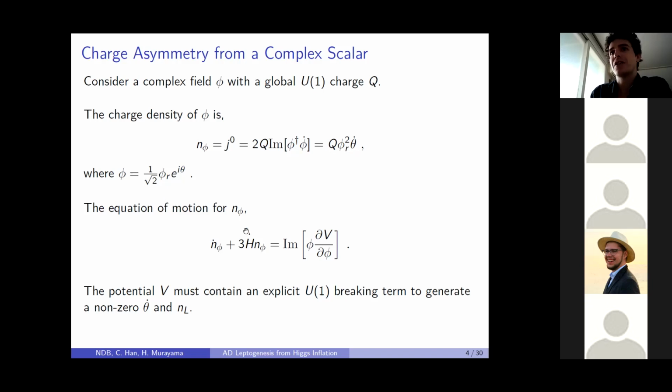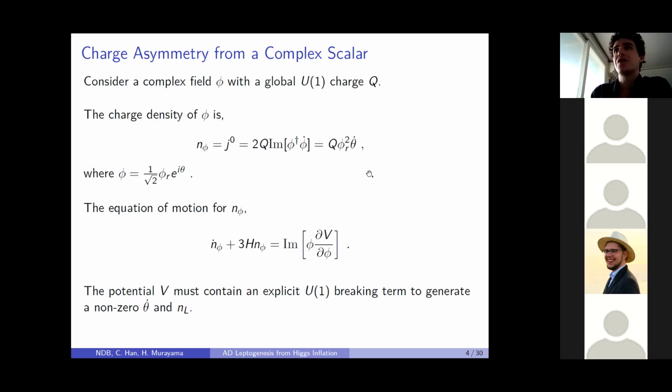Now, if you look at the actual equations of motion for n phi, so you calculate from the Lagrangian, what you find is that you get this term here, which if you want some non-trivial evolution of this n phi or theta dot, you require that the potential includes some term that explicitly breaks this associated U(1) symmetry.